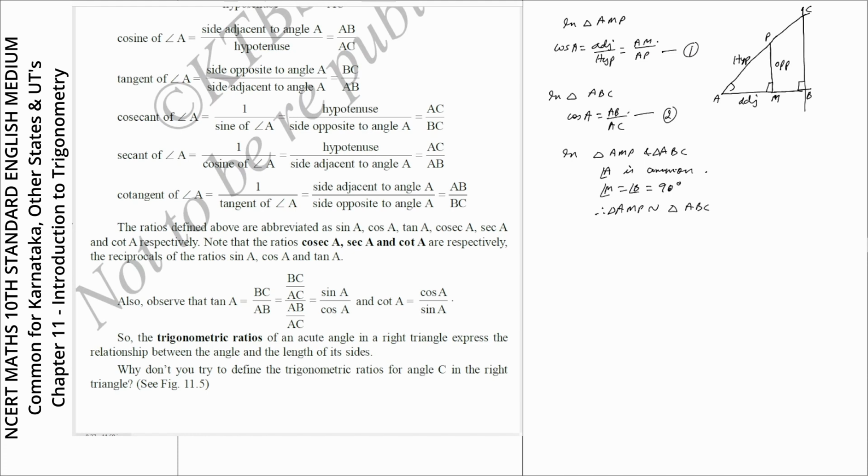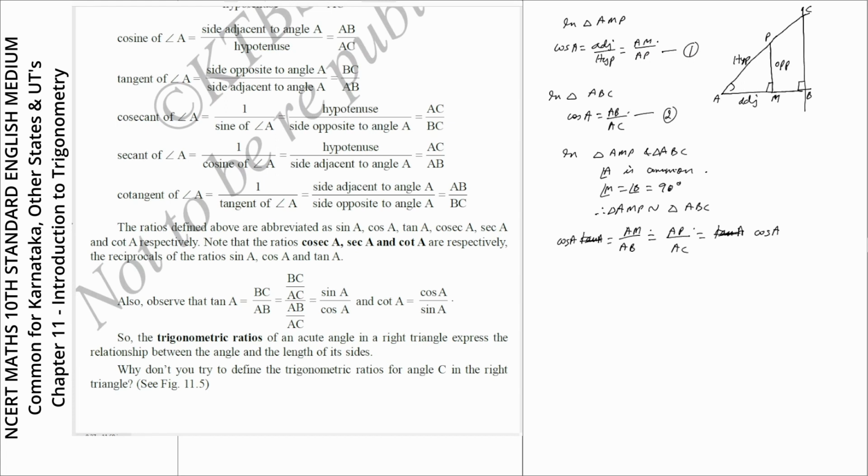When two triangles are similar, their sides will be proportional. That means AM by AB will be equal to AP by AC. So AM by AB is nothing but cos of A, and AP by AC is also equal to cos of A.